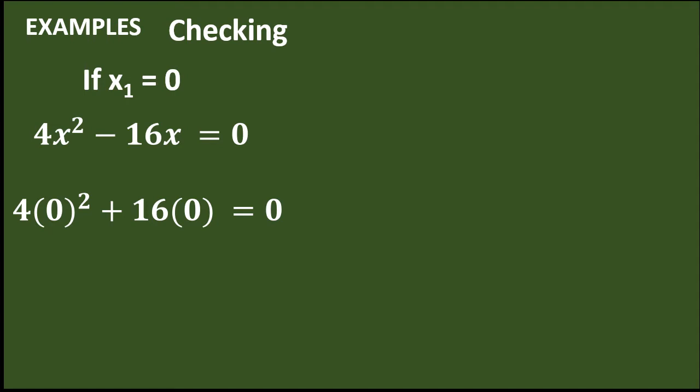So 0 squared is 0 times 4, 0 pa rin. After that, 16 times 0, it will become 0. So 0 equals 0. And if they are equal, meaning we can accept 0 as a solution to the quadratic equation. What about the other one?